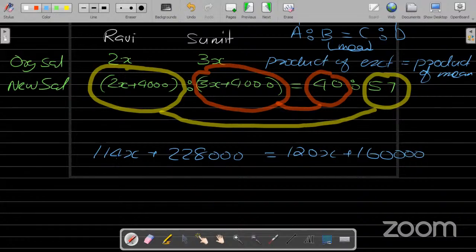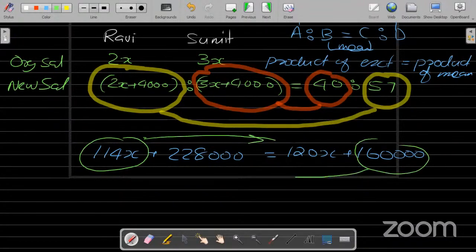Taking terms containing x to one side of the equation and the other terms to the other side, I'll have to transfer 114x to the right hand side and 1,60,000 to the left hand side. I get 120x minus 114x, which is 6x, equals 228,000 minus 1,60,000, that will be 68,000.